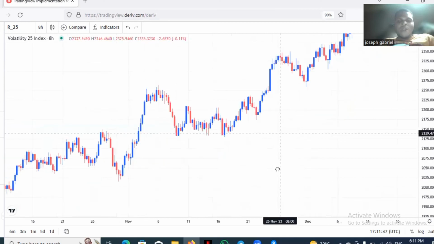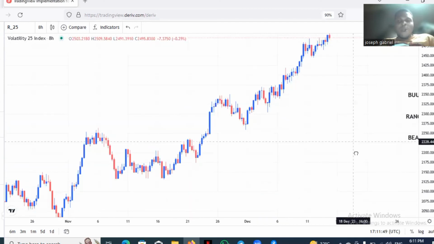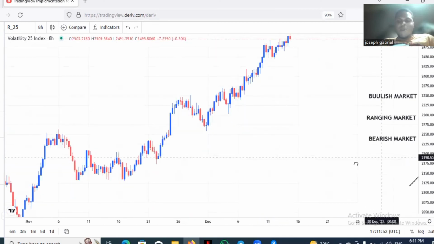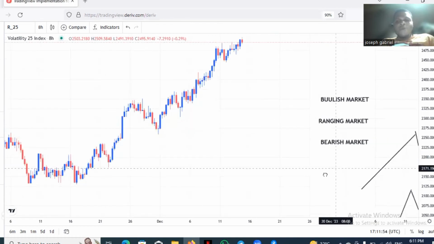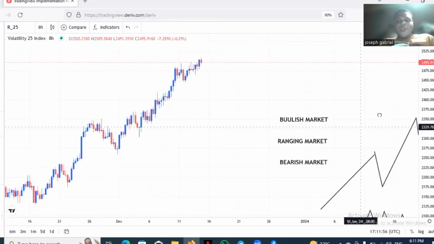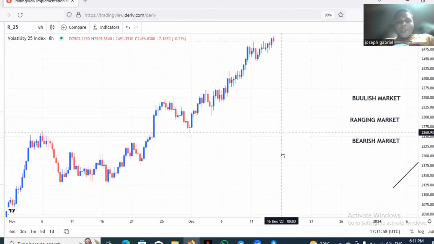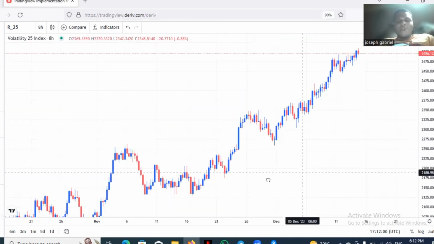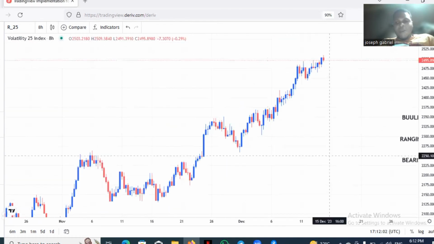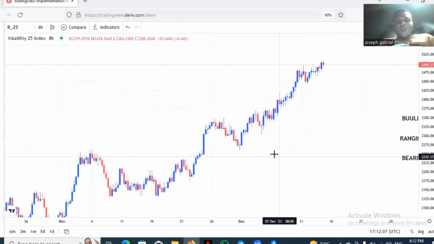So whenever you open your chart, do not get confused. Let me give you a secret, guys. Whenever you open your chart and you find out that you cannot interpret what that chart is saying, just stay off that chart, or maybe you go to a higher time frame, higher than the time frame you are using.